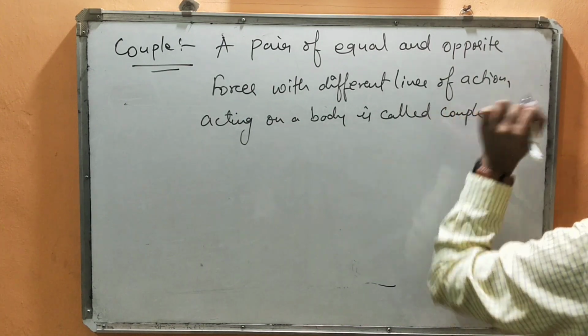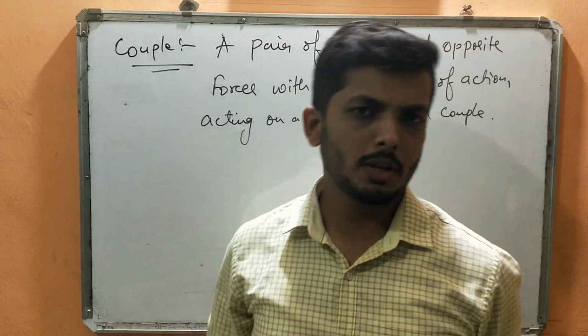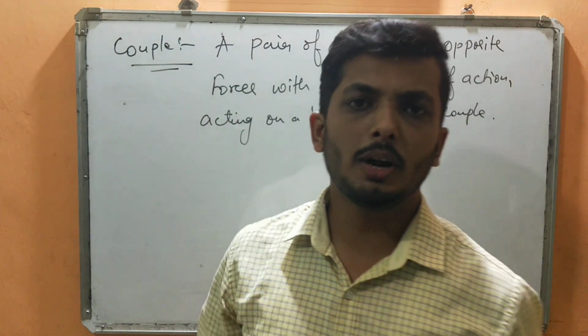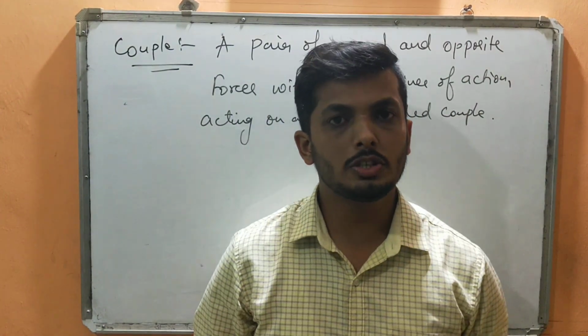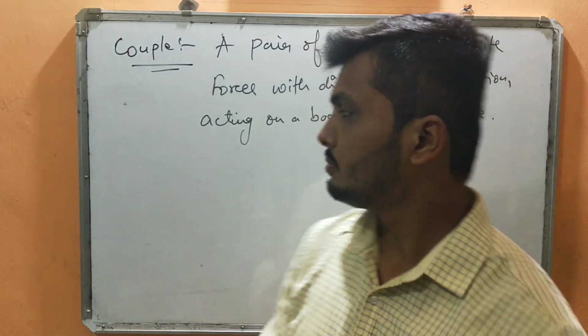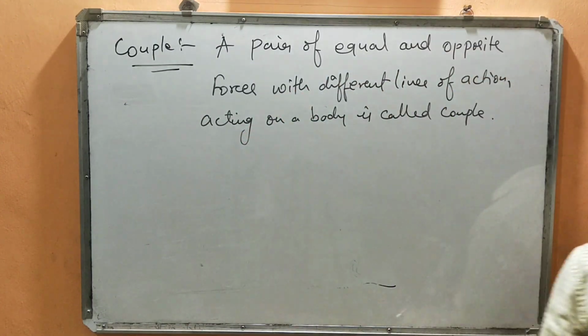Just remember the definition. They'll not ask anything more complicated from this topic. So couple is nothing but a pair of equal and opposite forces with different lines of action acting on a body is called a couple.